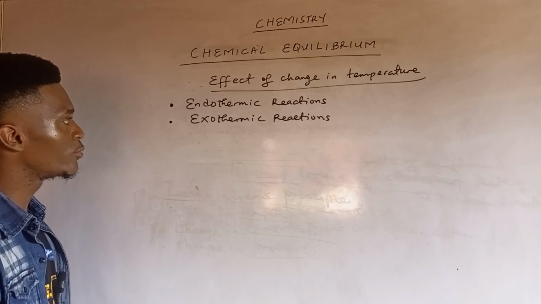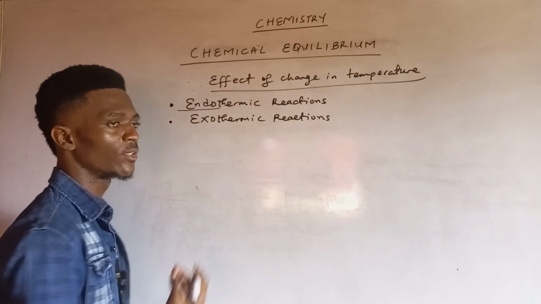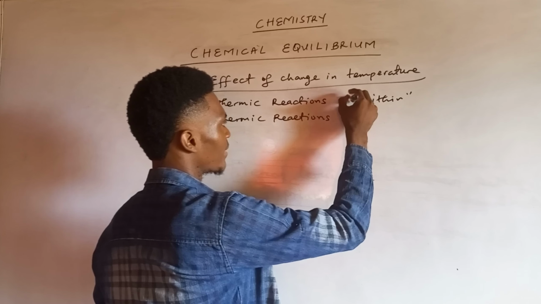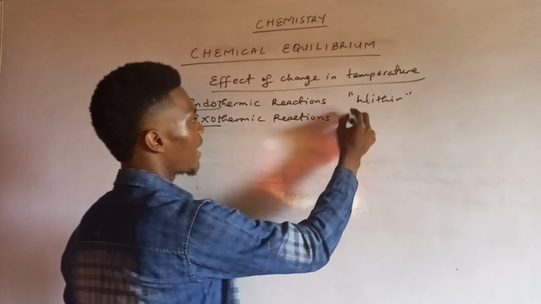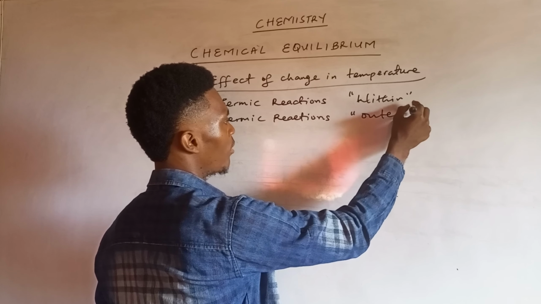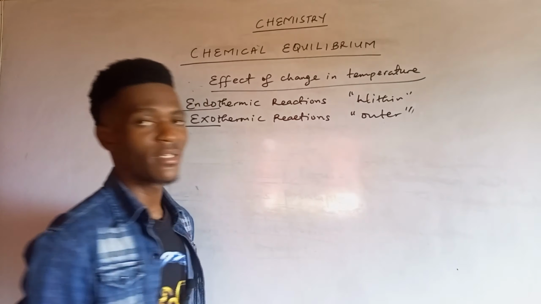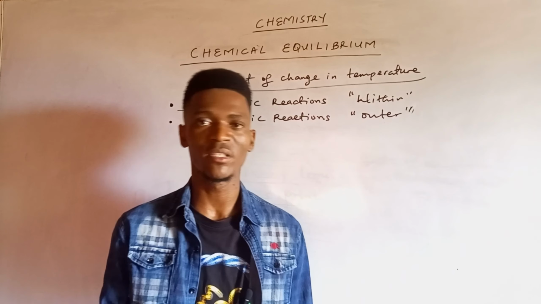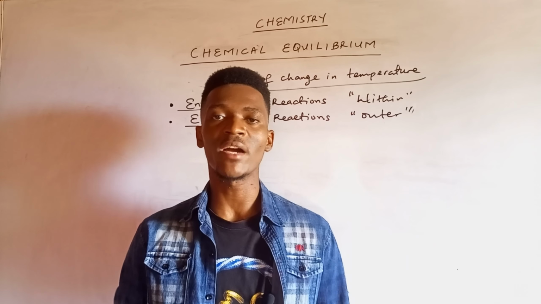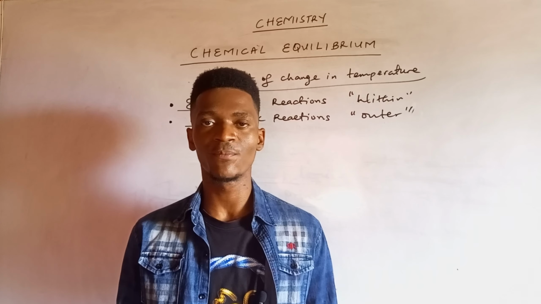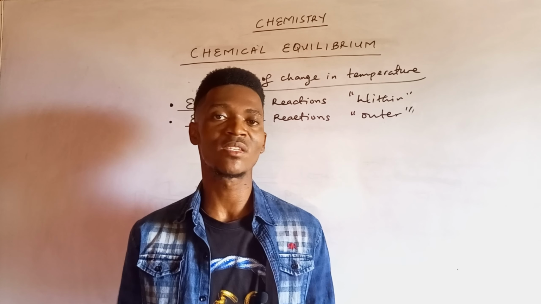When we talk about endo, the word endo means within, that's internal, all right? While the word exo means outer or external, all right? So we have endothermic and exothermic. The word thermic means heat. So endothermic reactions are simply reactions in which heat is absorbed from the surroundings. So I can say that endothermic reactions, they love heat.